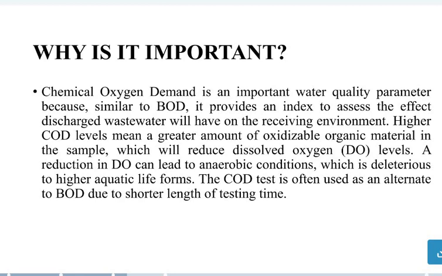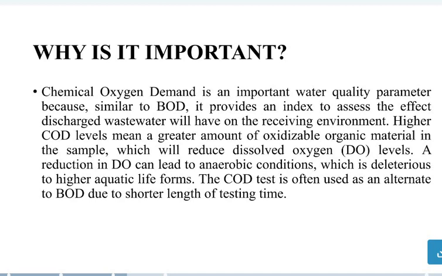So why is it important? Chemical oxygen demand is an important water quality parameter because, similar to BOD, it provides an index to assess the effect discharged wastewater will have on the receiving environment. A higher COD level means a greater amount of oxidizable organic material in the sample, which will reduce the dissolved oxygen level.